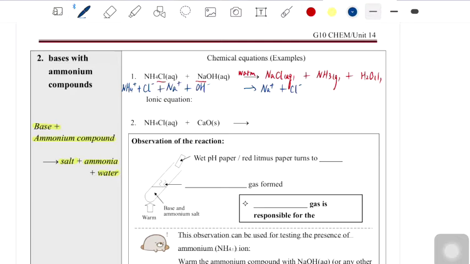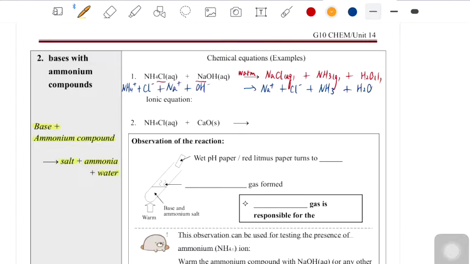Ammonia is a gas, not an ionic compound and not in aqueous solution, so we could not separate it. Again, we have NH3. And then we have water, which is a covalent compound, so it will stay as a molecule. Now we can cancel out the spectator ions that we have on both sides.